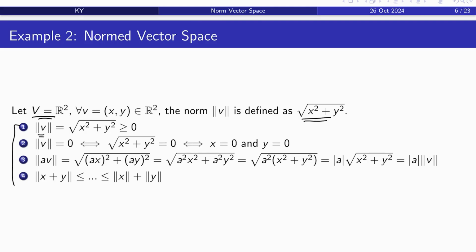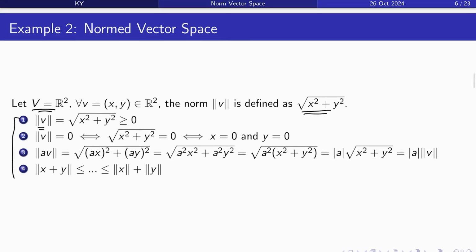And this is the same idea right here. What we're saying in the second one is that if your distance is 0, which means you're not even moving away from your origin, then the only way is that your x and y end up at 0.